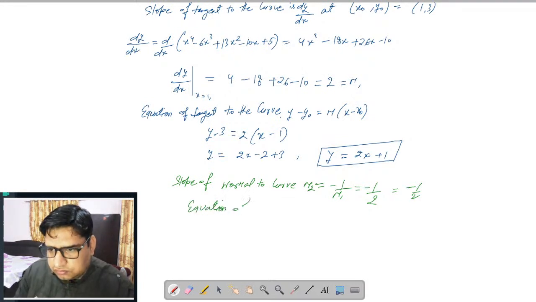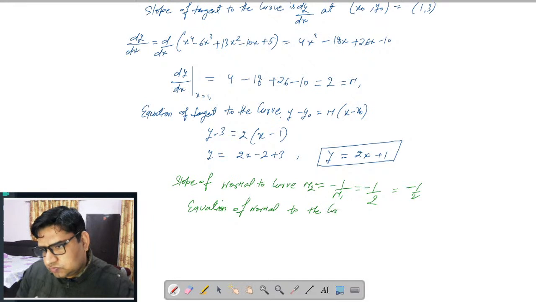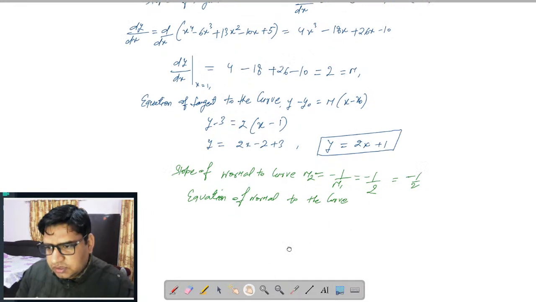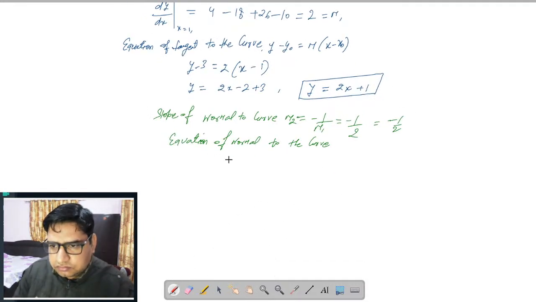And the equation of the normal to the curve will simply be written down. How much will it be? This will be y minus y naught equals minus 1 upon m times x minus x naught.